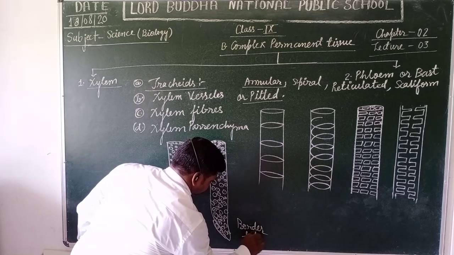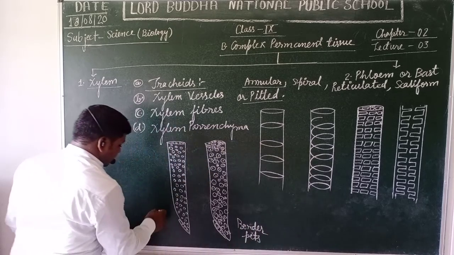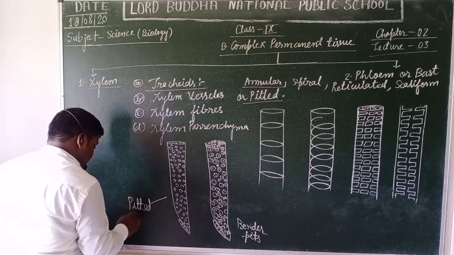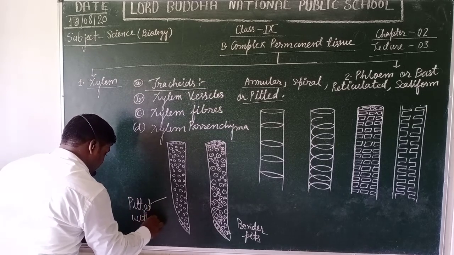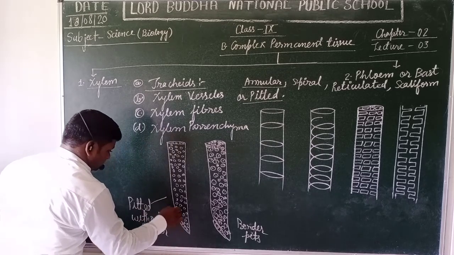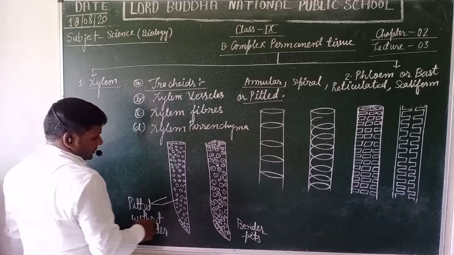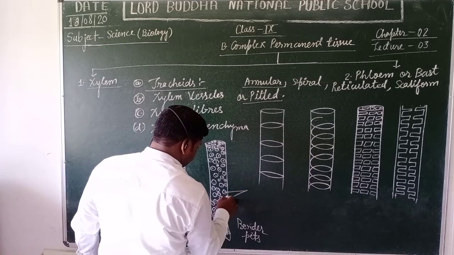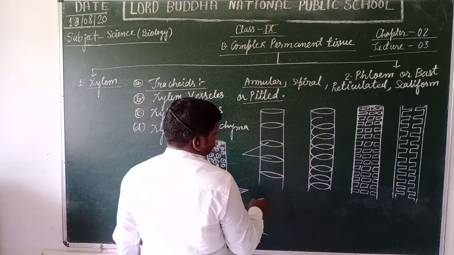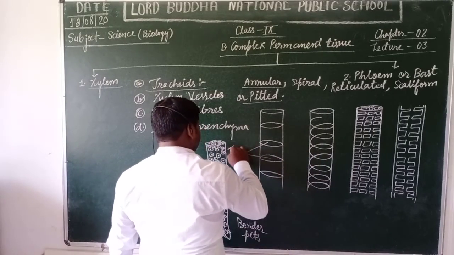Bordered pits and pitted without border. These are tracheids. These are the different types of tracheids.